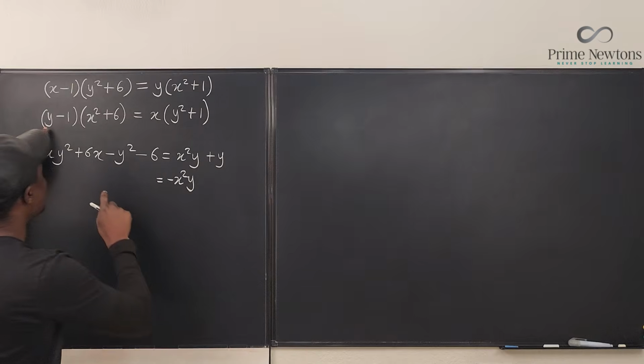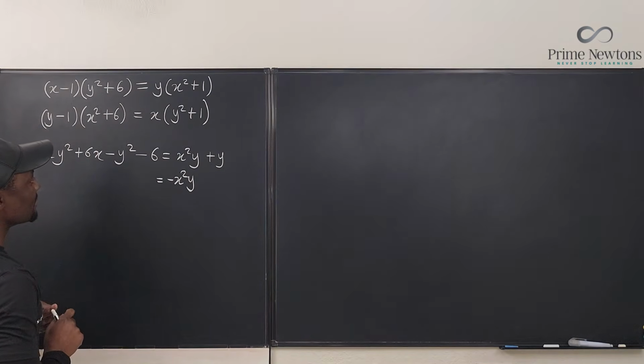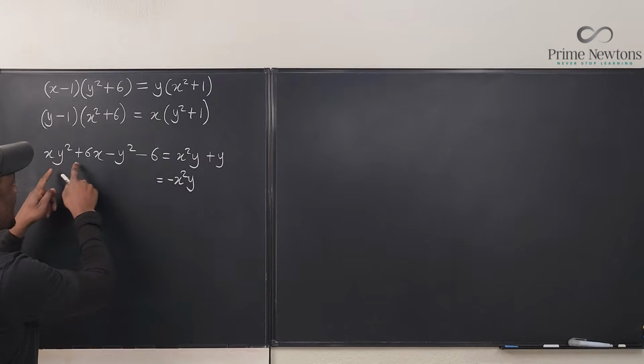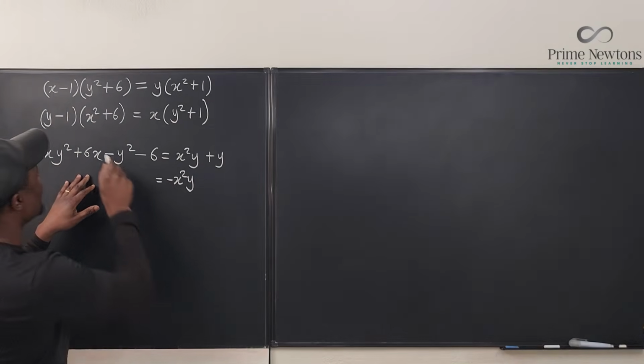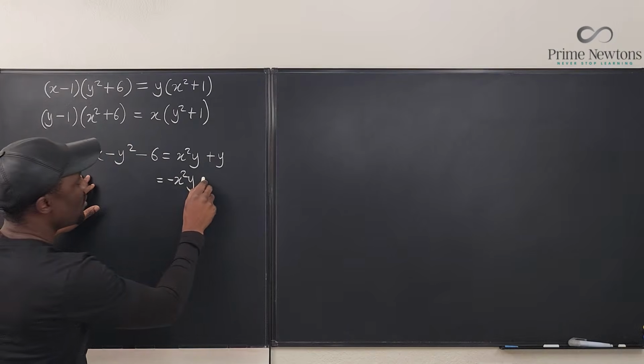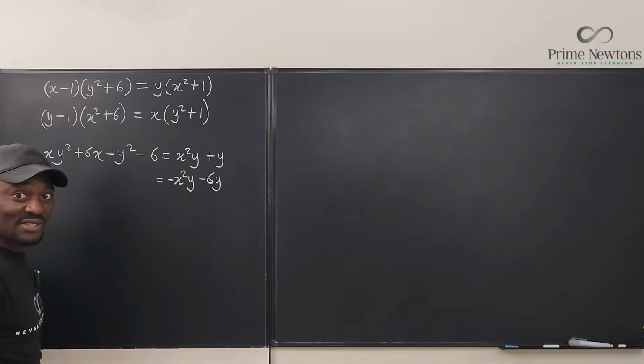Okay, next one. Y times 6 is going to be 6y. Where do I have y here? Here. So because it's on the left, instead of writing plus 6y, I'm going to write minus 6y here, just to make things faster.